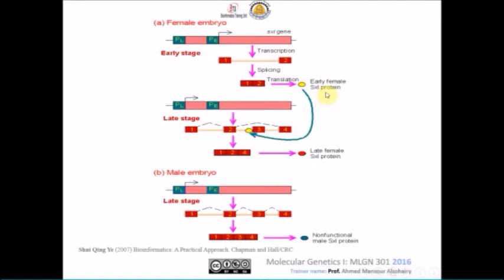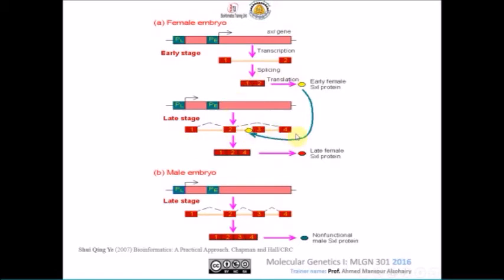In the late stage, the promoter number 2, which is called PL, the late stage promoter, will work in this case, and then the primary transcript will have four exons, 1, 2, 3, 4.